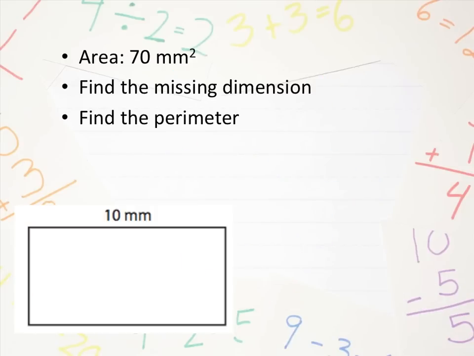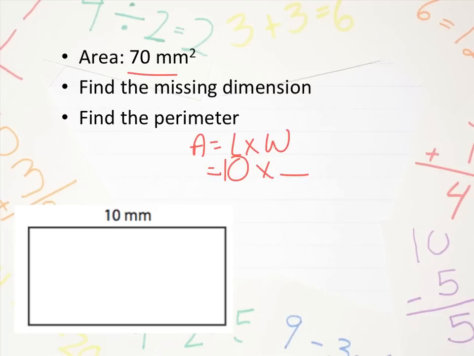Let's look at an example. Oh good, this one gives us the area. The area is 70 square millimeters. One dimension is 10. I need to find the other one. The formula for area is length times width. And I have 10 for my length. I'm missing my width.